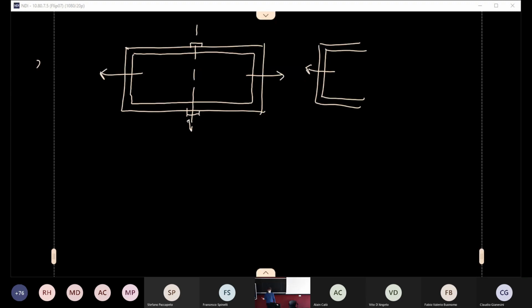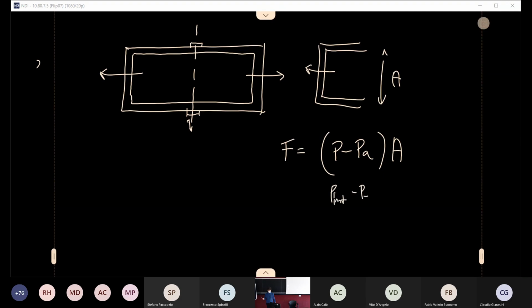We have a force which is exactly, this is the area, this cross-section area. So we have this F, and this could be internal pressure minus external pressure. Of course, the same is true also for the other part.